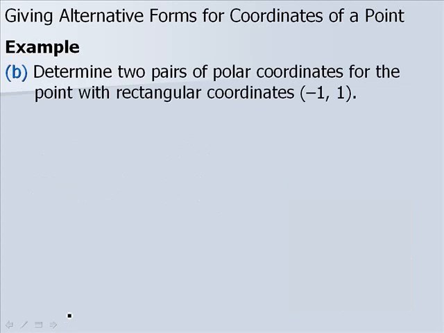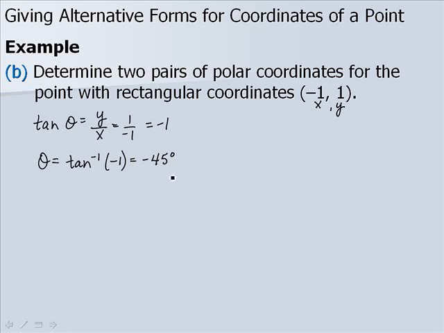Now let's determine 2 pairs of polar coordinates for the point with rectangular coordinates (negative 1, 1). We see this is our ordered pair, x and y. If we take the tangent of theta, we know that it's equal to the quotient y over x, which would be 1 over negative 1 or negative 1. And theta would then be equal to the tangent inverse of negative 1. If you perform that on your calculator, you'll get a value of negative 45 degrees.